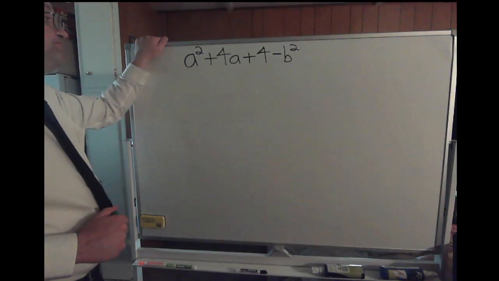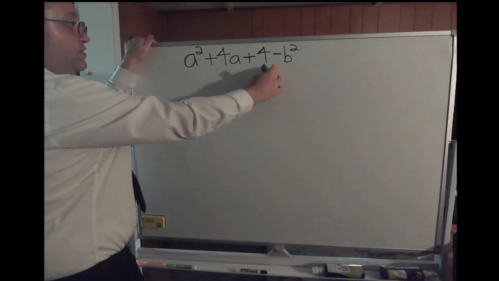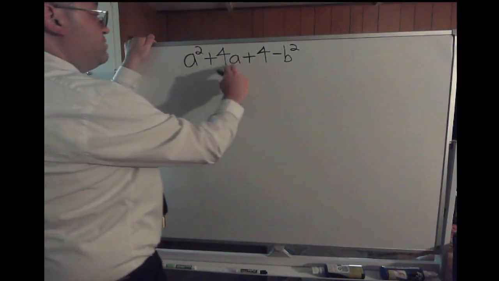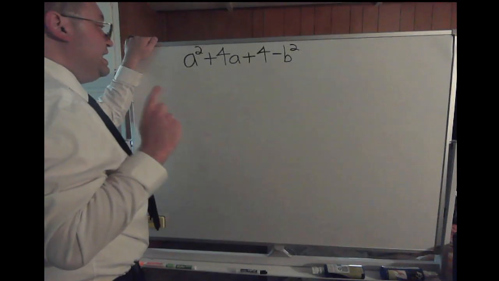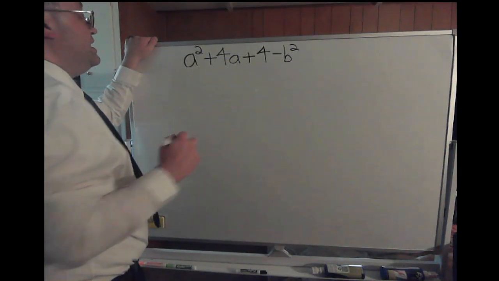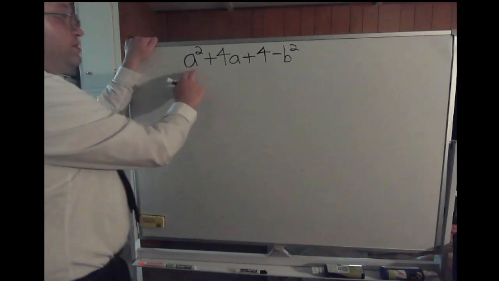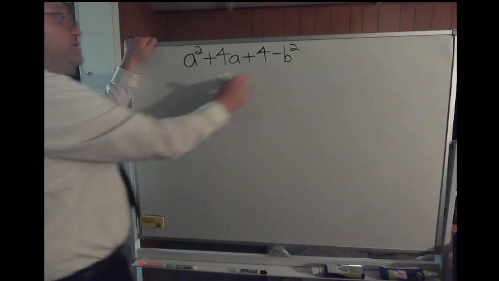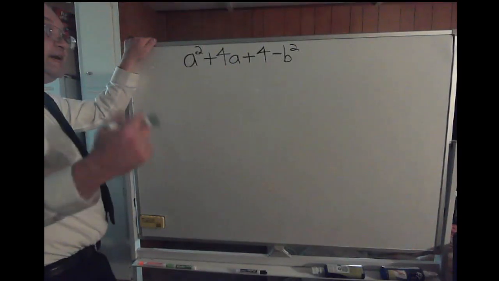Well, let's just forget about the negative b squared for a second, okay? Look at a squared plus 4a plus 4. Okay, a squared is a perfect square. The square root of that is a, right? 4, your third term, is a perfect square because the square root of that is 2, right?